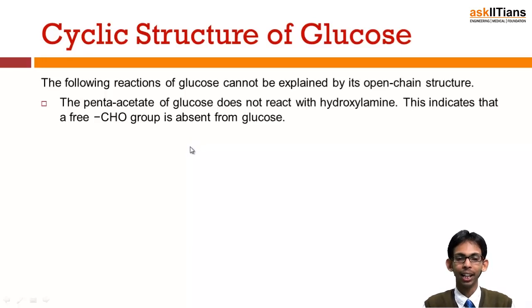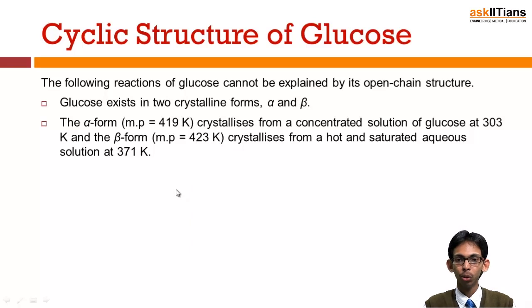This indicates that the free CHO group is not actually present in glucose. And similarly, glucose exists in two crystalline forms, alpha and beta. The alpha form crystallizes from a concentrated solution of glucose at 303 Kelvin, while the beta form crystallizes from a hot and saturated aqueous solution at 371 Kelvin.